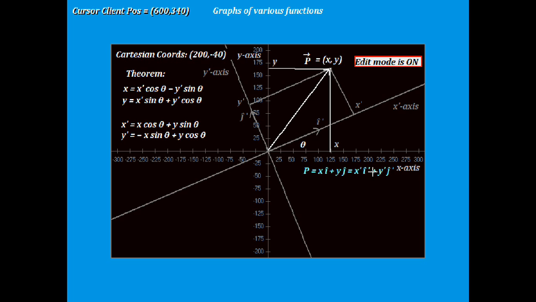and we can express the point in the prime coordinate system in that way, right? I'm going to show you now how easy it is to prove that theorem using the dot product.